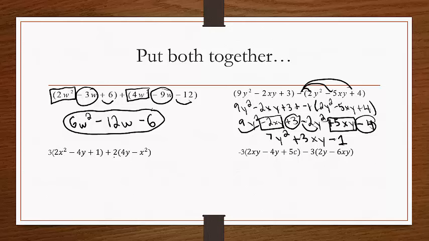Now in this one, I do see distributing. I see a 3 with a parenthesis, so I do have to distribute 3 to each number in the parenthesis. So I'm going to get 6x squared minus 12y plus 3. And then I also see a positive 2, so I have to distribute positive 2 to the next parenthesis.